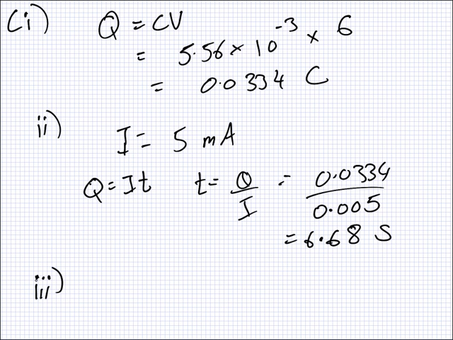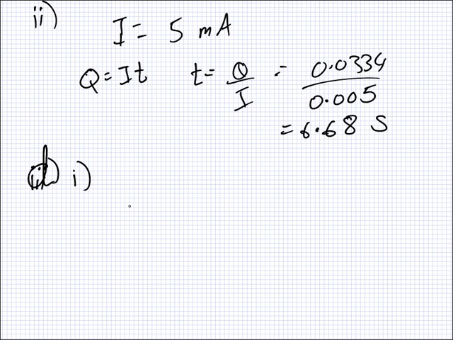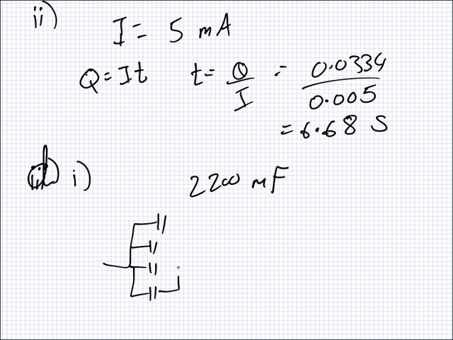D. In other applications, capacitors are combined to give greater energy storage capacity. Four capacitors of 2200 mF are connected in parallel and are charged from a 10 volt power supply through a resistor.